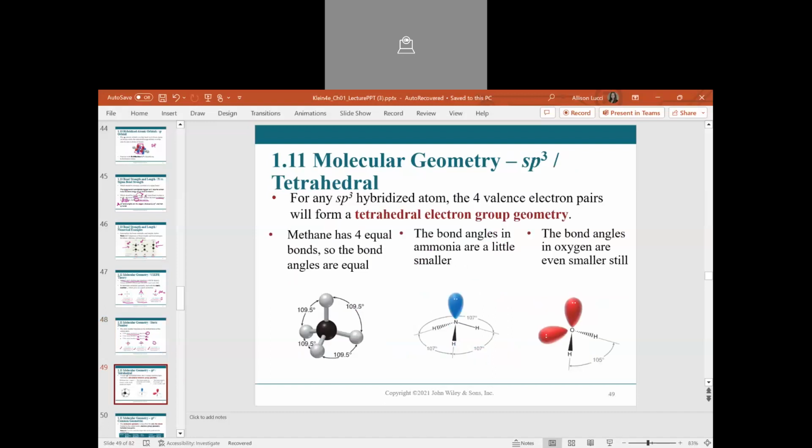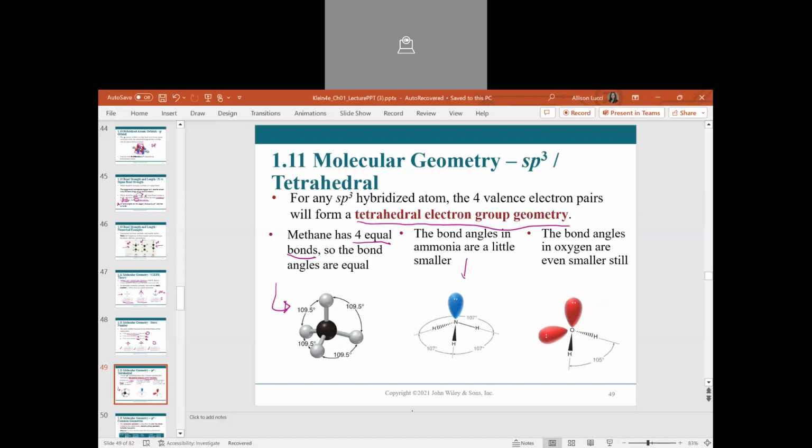Let's take a look at a little bit more here. If you recall, in methane they were all bonding, so 4 equal bonding pairs. A steric number of 4 with 4 bonds gives us this tetrahedral electron geometry, or rather, it starts with a tetrahedral electron geometry, and since they're all bonding pairs, this remains tetrahedral as our molecular geometry as well.